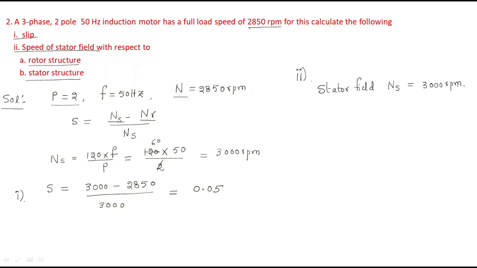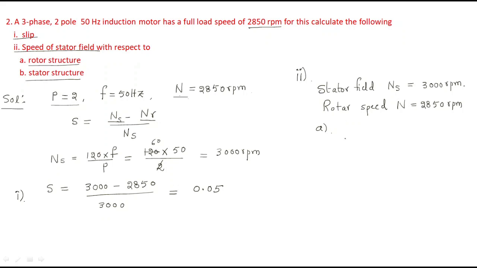First, with respect to the rotor structure. What is rotor speed? Rotor speed is nothing but the induction motor speed, which I already mentioned as 2850 rpm. The first question is the speed of the stator field with respect to the rotor structure.